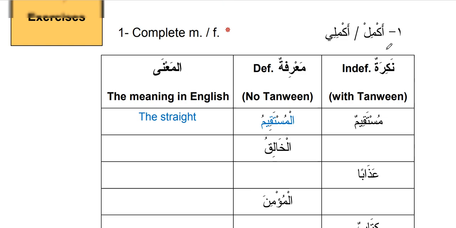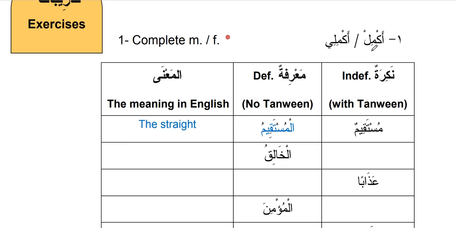Nakira, now in this table it says akmil. Akmil means to complete. Here it's given the translation. Akmil for male, and akmili, when you see the ya with the same command verbs, know that it is for feminine. So this command verb is for male and this command verb is for feminine.